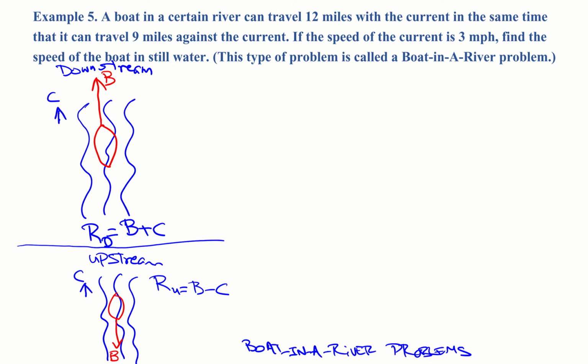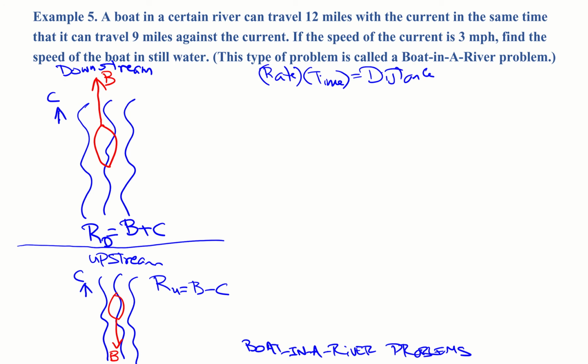So now we're going to set up a nice table. We know that rate times time equals distance, right? So there's always an equation that is going to help us find our proper table and the proper equation.